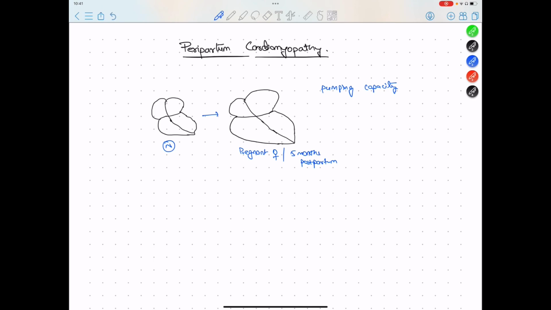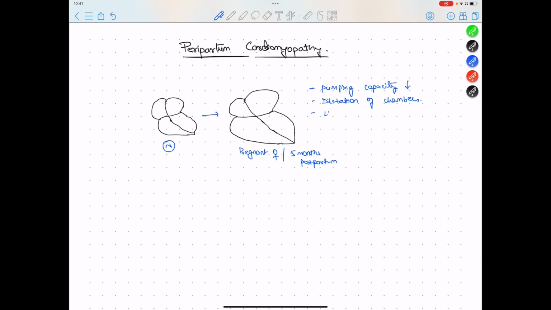So what happens here is pumping capacity has decreased and there is dilatation of heart chambers. Usually the pumping capacity is another term for the systolic dysfunction, right?